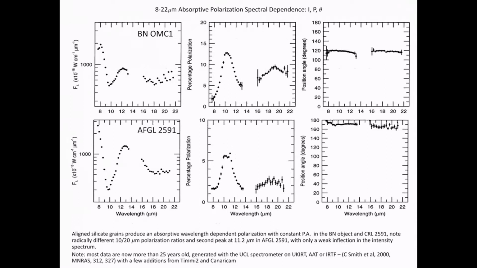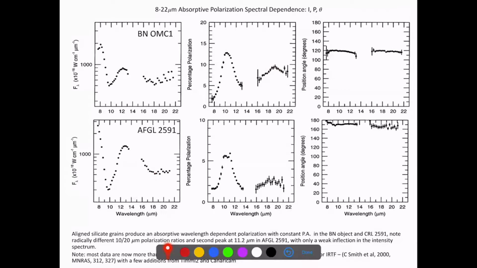Here is an example of two objects, two high-mass protostars, the BN object in Orion and AFGL 2591. They both have substantial silicate absorptions. You can see the 10 micron absorption and the 20 micron absorption in both cases, and there are corresponding polarization peaks at the 10 and 20 micron absorption features.